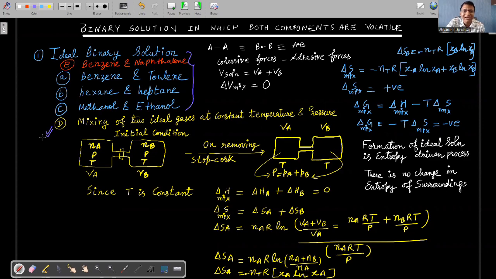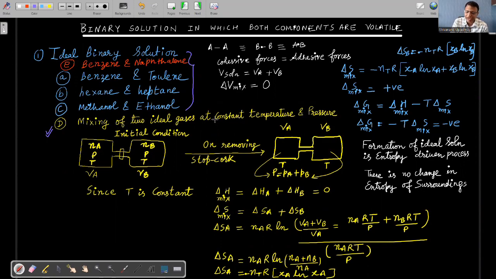When we mix two ideal gases, they will form an ideal solution because there is no interactive forces. So we can say that there is no change in volume if we are mixing at constant pressure and temperature, right?